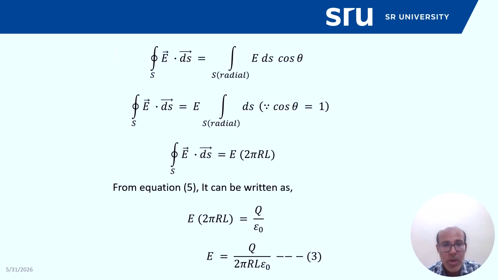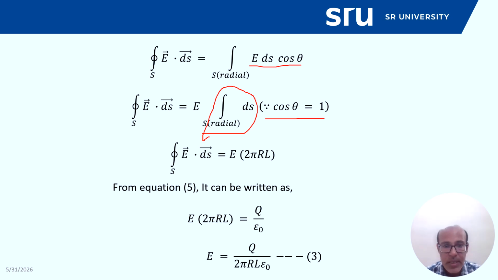Now, as only one component is remaining, in E ds cos theta, that cos theta is 1, and E comes outside. So what is remaining is integral ds. Which surface are we considering? Not the total surface area of the cylinder, only the radial surface.